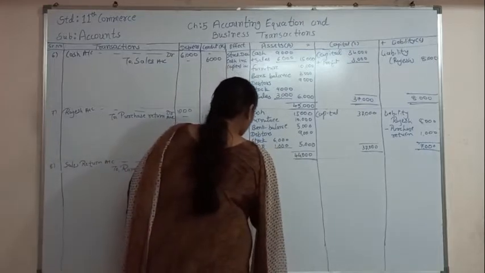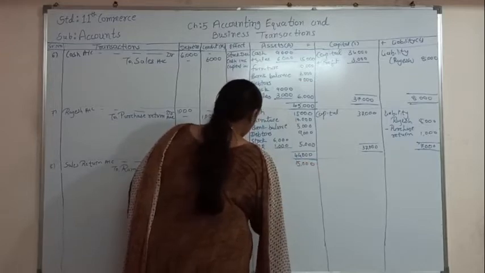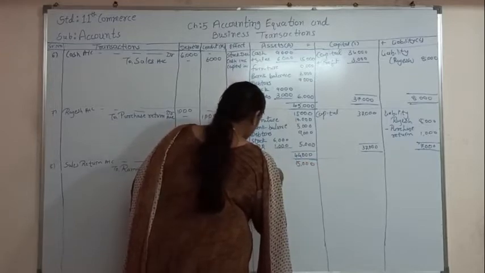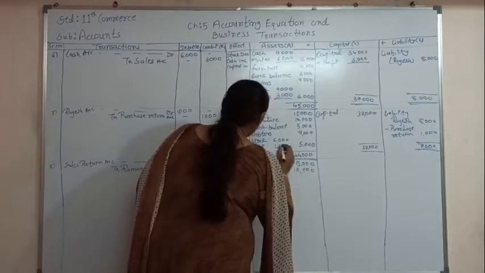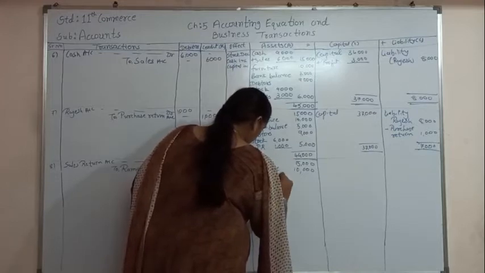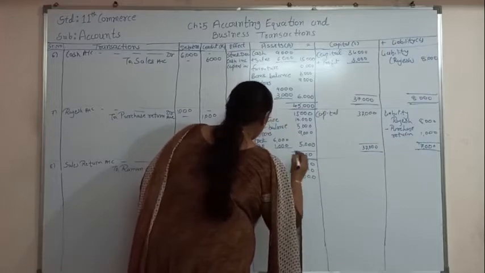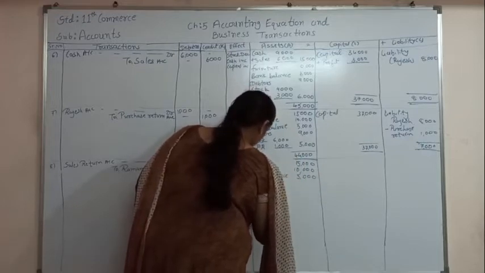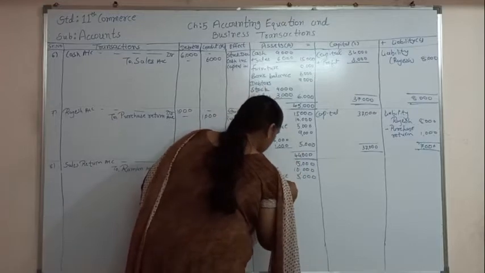So cash will remain the same, 15,000. Then furniture is also going to remain the same, that will be 10,000. Then bank balance will be 5,000. Then debtors is going to be decreased. So debtors is of rupees 9,000.